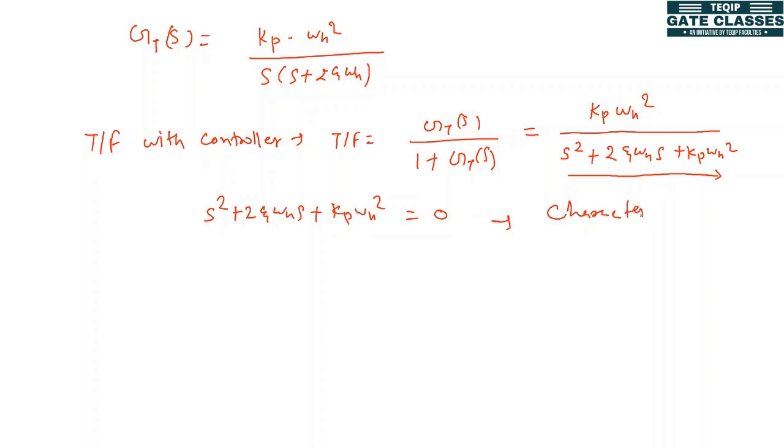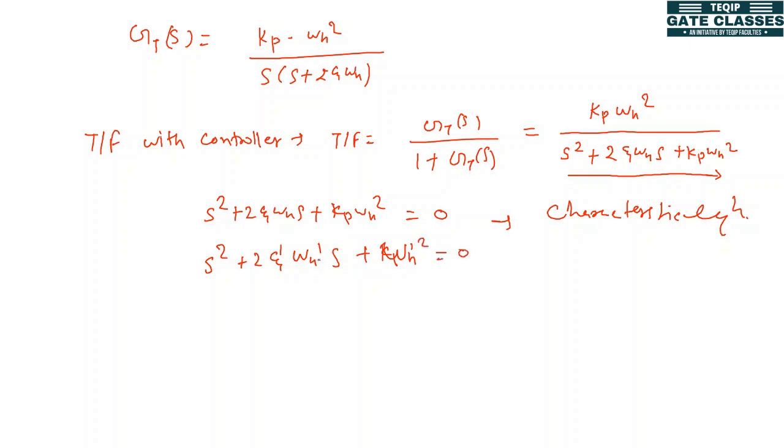Now we compare this characteristic equation with the standard second order system, that is s square plus 2 zeta dash omega n dash s plus omega n dash square equal to 0, where zeta dash is the new damping coefficient and omega n dash is the new frequency.